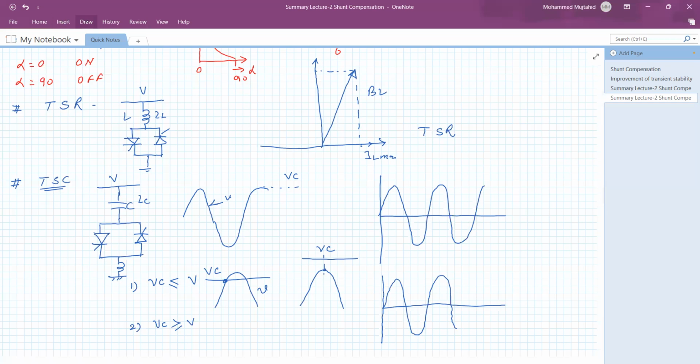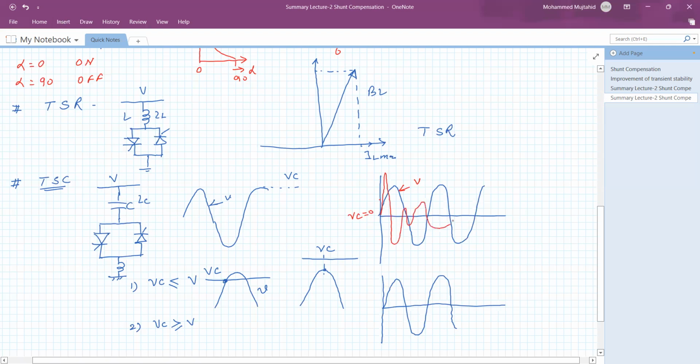If the capacitor charge voltage is smaller, somewhere here, this is the voltage V, and the capacitor voltage is equal to 0. When we switch on the capacitor, it will give a large amount of transient over this one. And when the capacitor voltage VC is somewhat 50%, the transient is smaller.